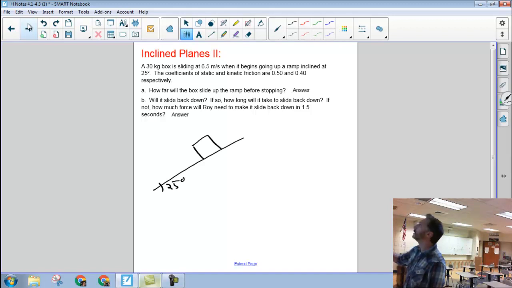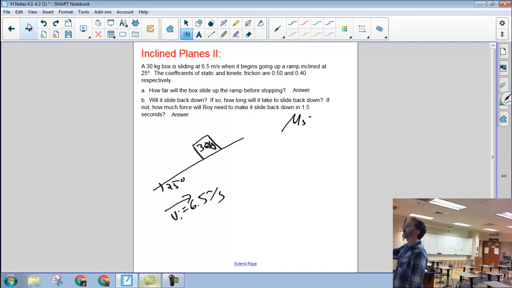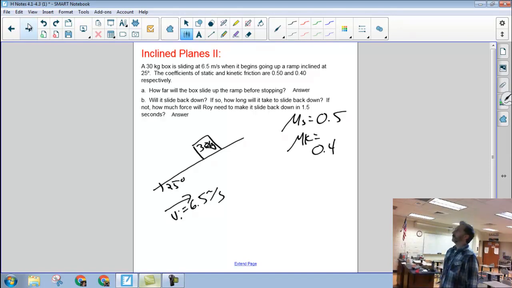Here's the block, with a mass of 30 kilograms. I know it's got an initial velocity of 6.5 meters a second up the ramp. And I know that my coefficient of static friction is 0.5, and my coefficient of kinetic friction is 0.4. Okay? So the question is, how far will the box slide up the ramp before stopping?